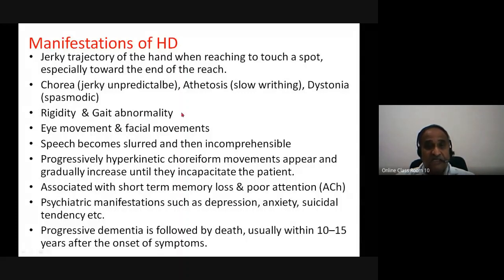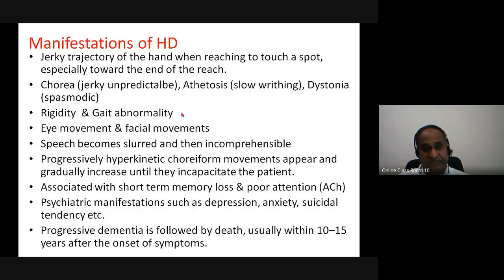Unlike the predictable shuffling or festinating gait of Parkinsonism, here you see a very unpredictable, dancing-like gait, as if the person is dancing to reach a target. You will also have eye movements and facial movements. He may wink and twitch, and try to move the lips, tongue, and all parts of the face.